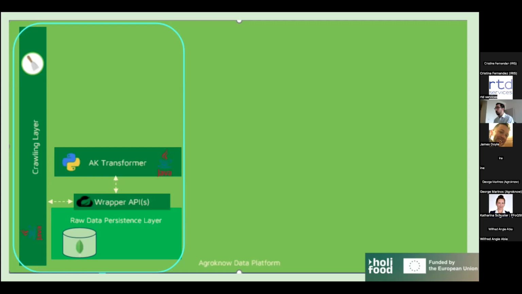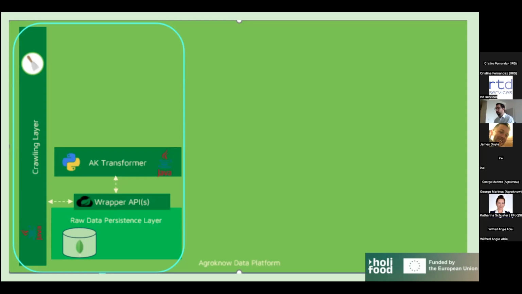So the first part of our platform that you see here, from the left to the right, is the crawling layer, a module in Java, which tries to monitor all of the specific data sources that we have chosen. Then the raw data persistence layer, which is a MongoDB instance, where the raw data are stored.